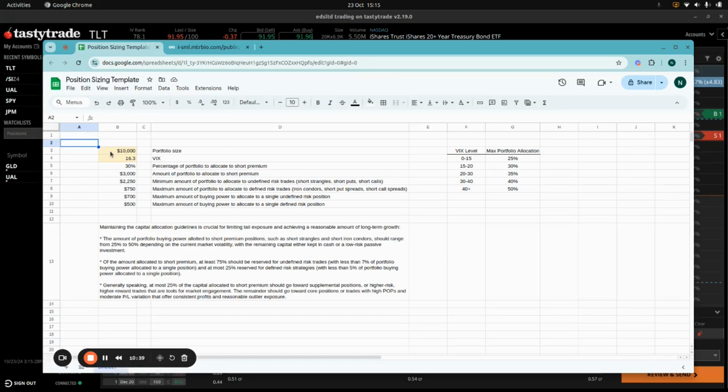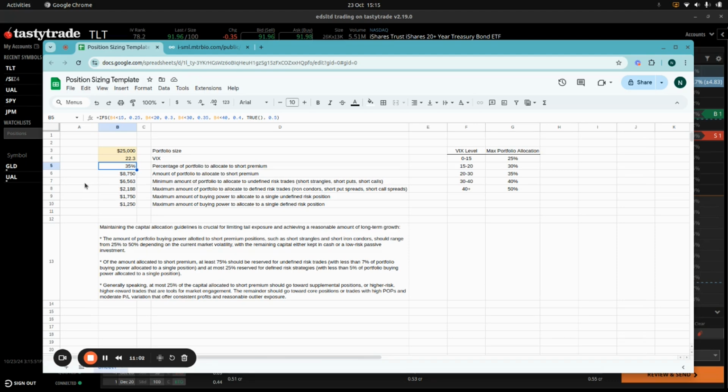And the way it works is you enter in the size of your portfolio. Say if it was $25,000, you then enter in what the current VIX level is. Say if it was 22.3. Below that, everything will then be automatically calculated for you. And at this point, you simply need to use this information to form the backbone of your portfolio. And as long as you do that over the long term, you will be just fine.